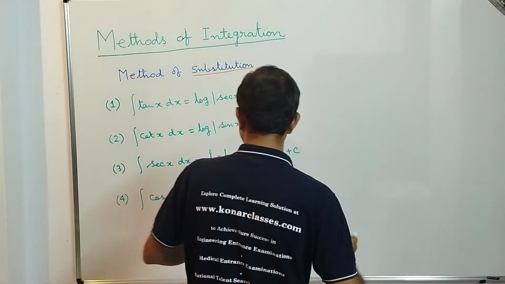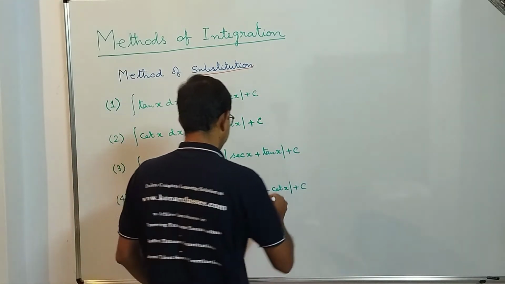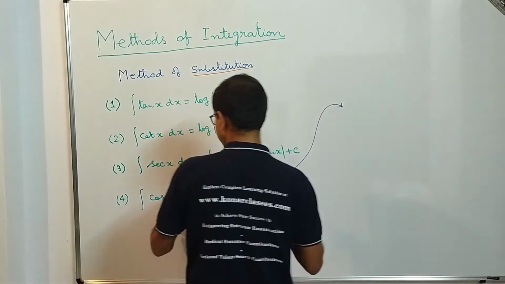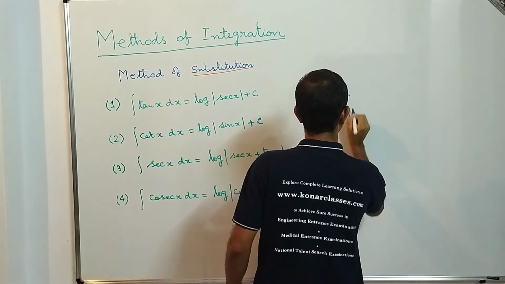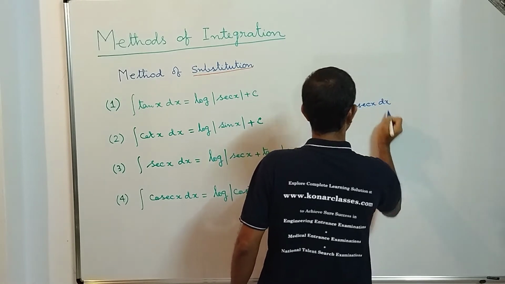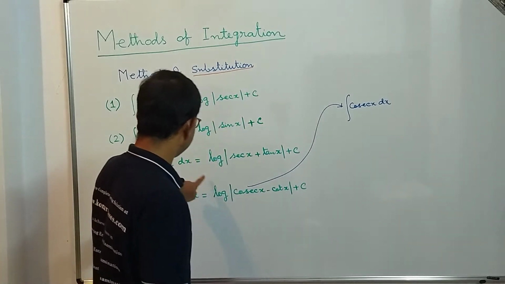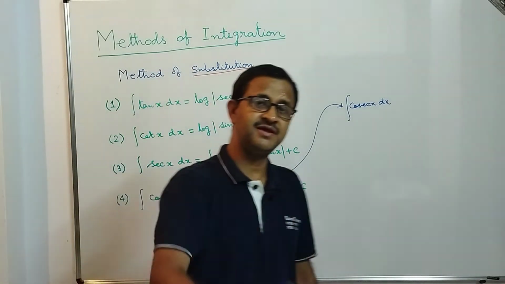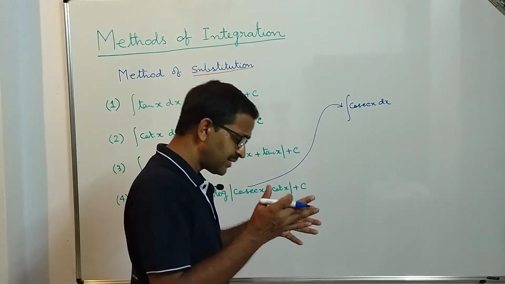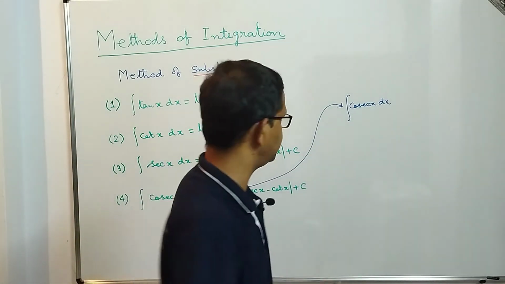Okay, so now let's look at the integration of cosec x dx. So let's do it here. Integration of cosec x dx. Dear students, like integration of sec x dx, cosec x dx is not directly integrable. So what should we do? We should do something so that we can make a proper substitution.